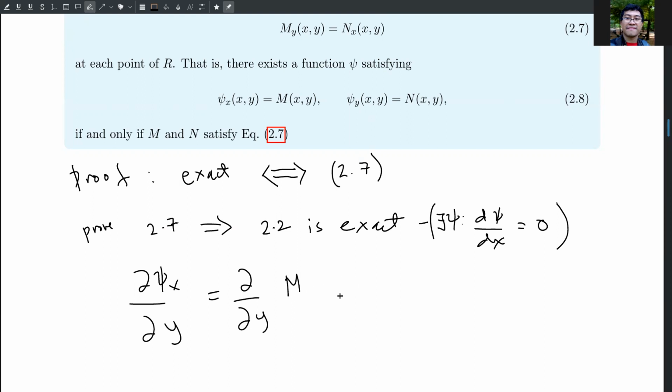Let me also do the same thing for psi y. We take partial derivative with respect to x of psi y, that's partial derivative of n with respect to x.